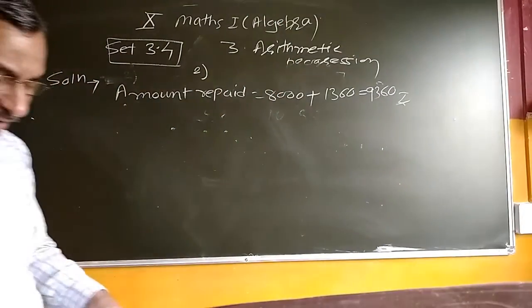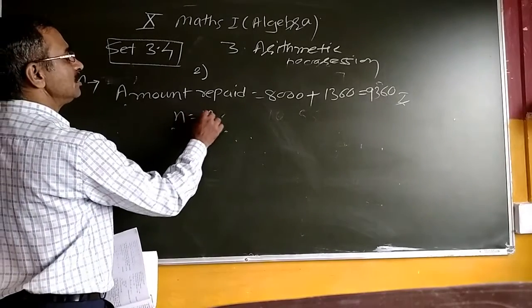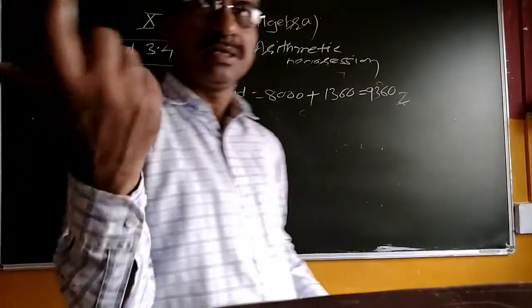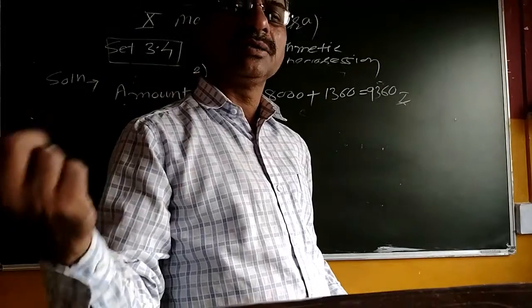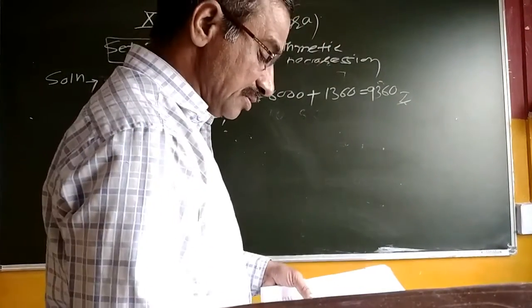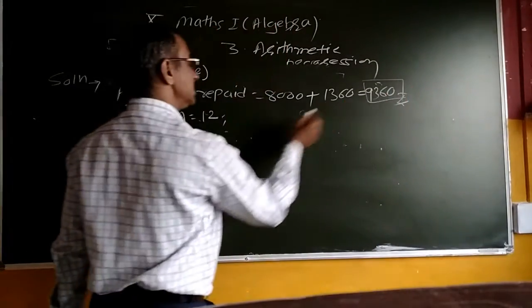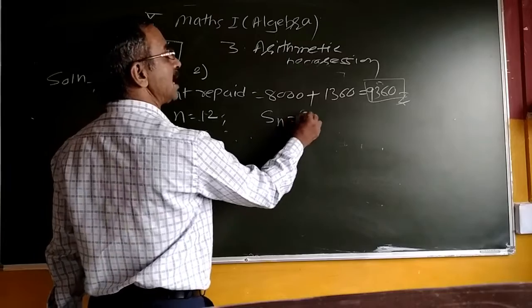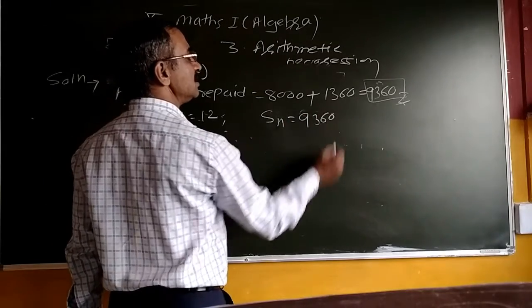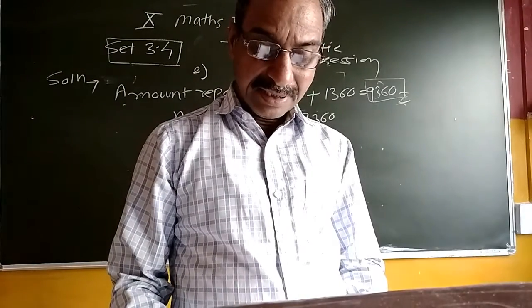Then what is the monthly installment? Means n is equal to what? N's value. He paid in 12 months, so there are 12 installments. So n is equal to 12. Then Sn is the total amount given at the end of the 12 months. So Sn is equal to 9,360. And what did they say?